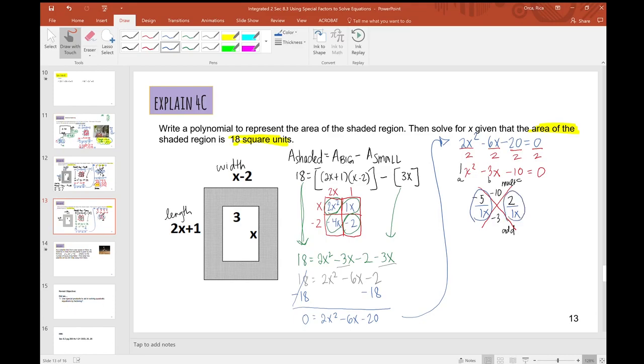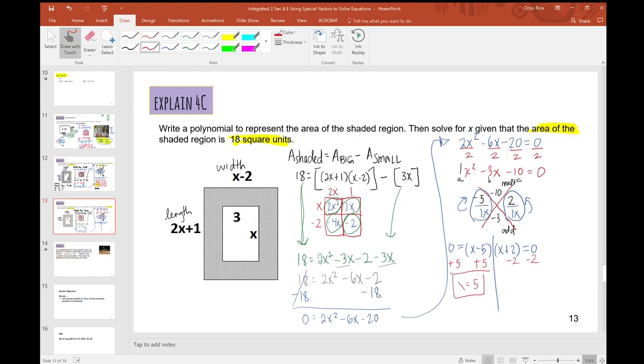Now let's write out our factors. So x minus 5 times x plus 2 equals 0. So I went ahead and set each factor equal to 0 by using the zero product property. And after solving for x, we get x equals, add 5 to both sides, x equals 5.